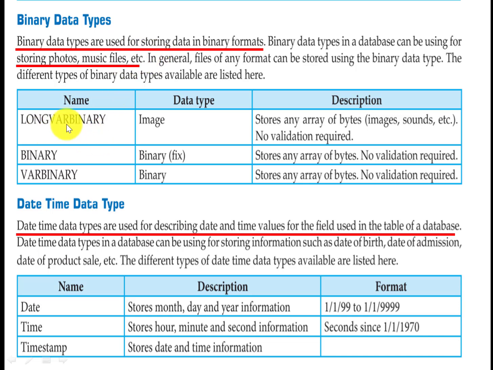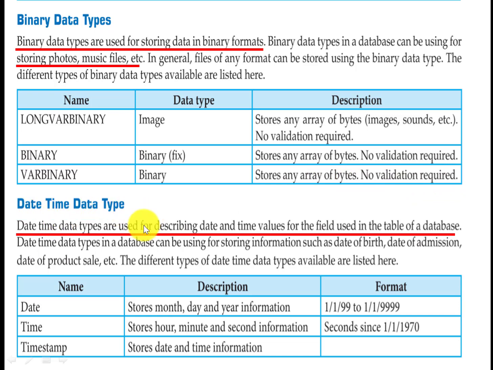Name is long var binary. Its type is image type. It stores any array of bytes like music or sounds. Var binary is the same, stores any array of bytes, no validation required.